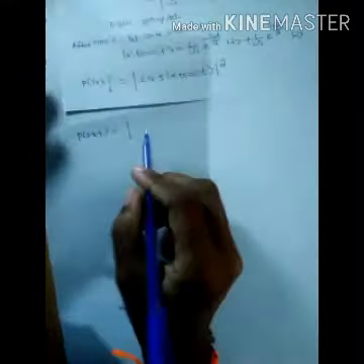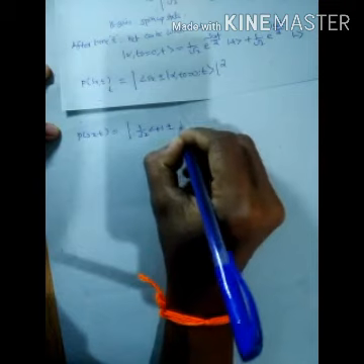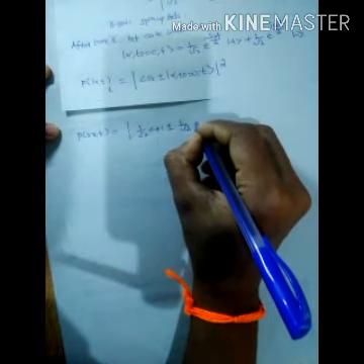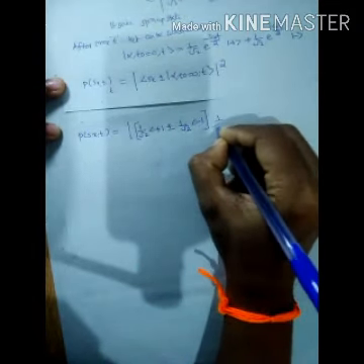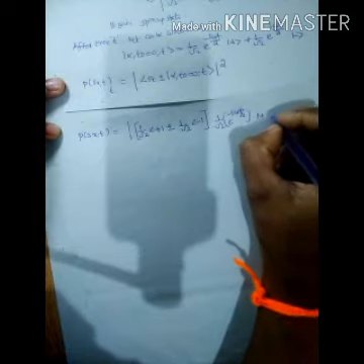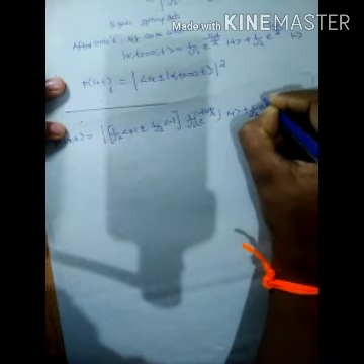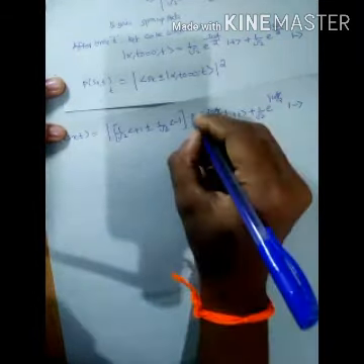So we get 1 by root 2 bra plus or minus 1 by root 2 bra minus, multiplied by ket alpha, whose value is 1 by root 2 e raised to minus i omega t by 2 ket plus, plus 1 by root 2 e raised to i omega t by 2 ket minus, mod whole square.